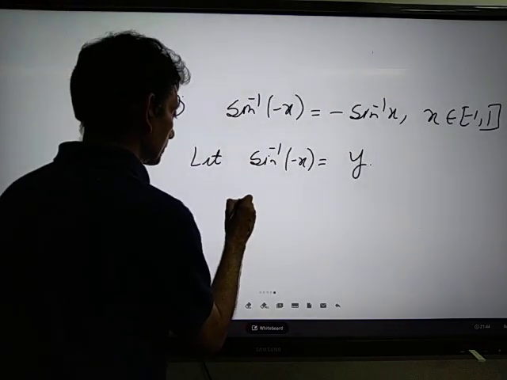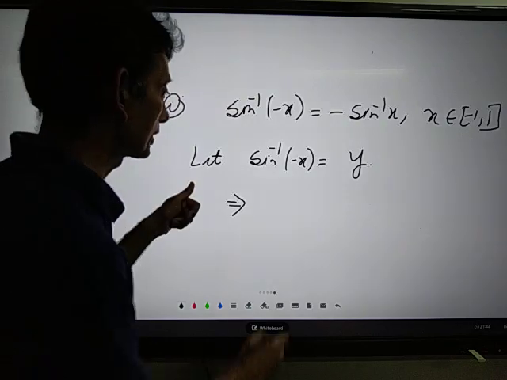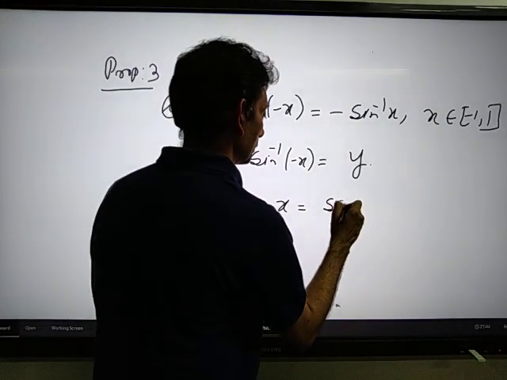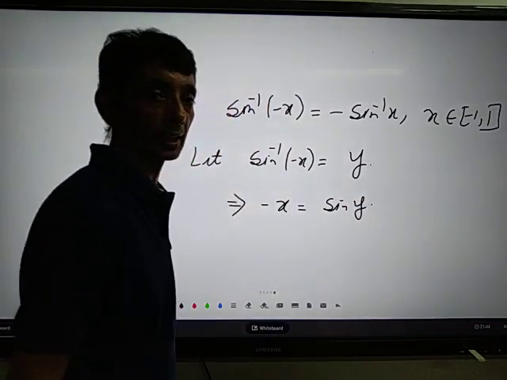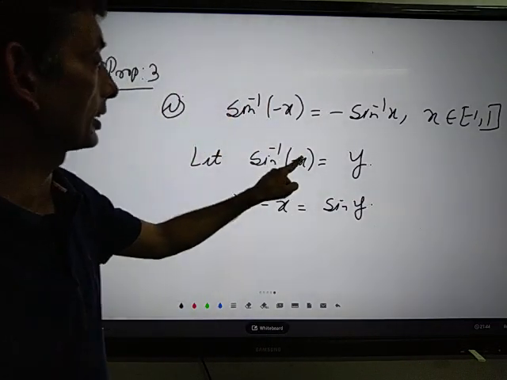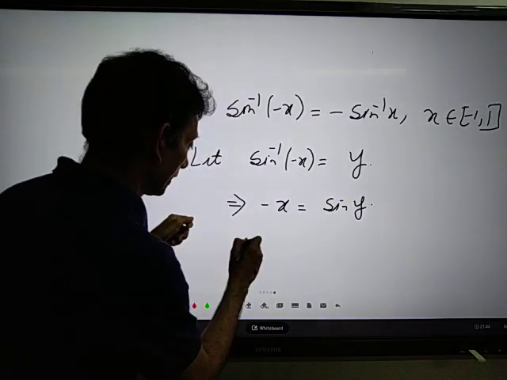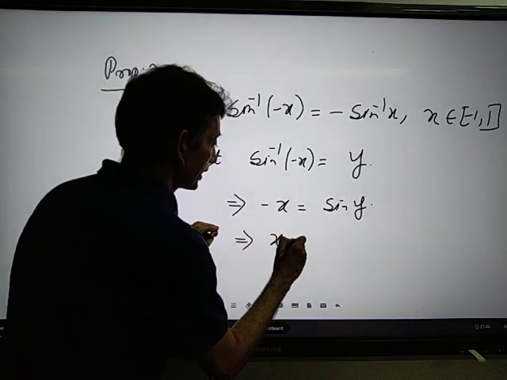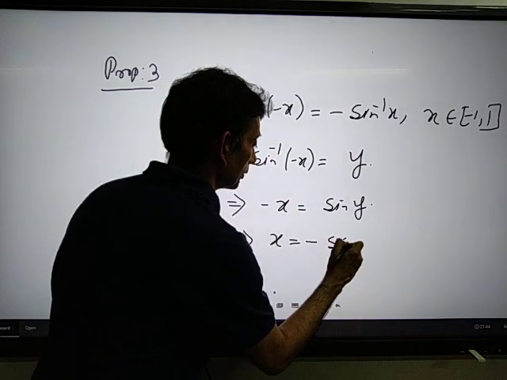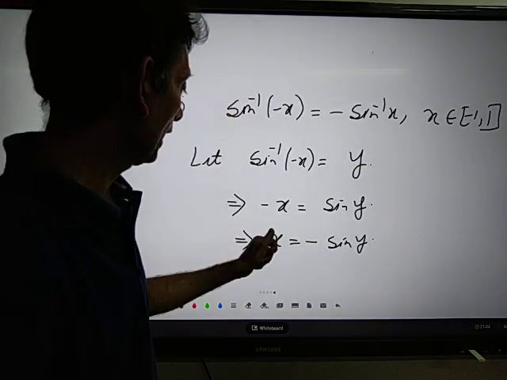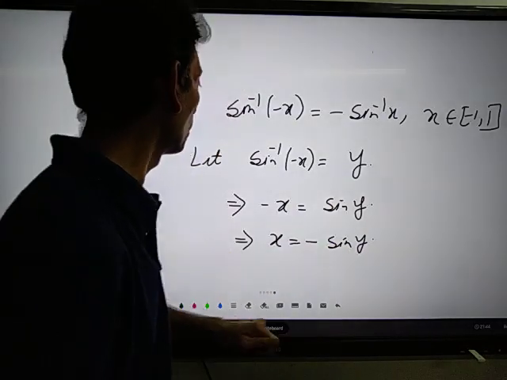This implies minus x equal to sine y. Can you write like this? Sine inverse of minus x is equal to y, so minus x equal to sine y. Now what are the next steps? x equal to minus sine y.